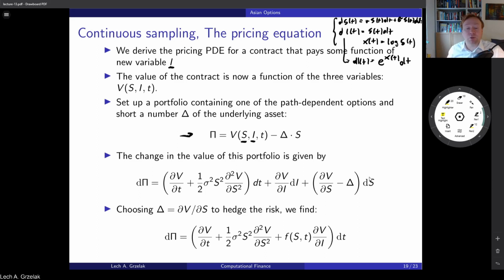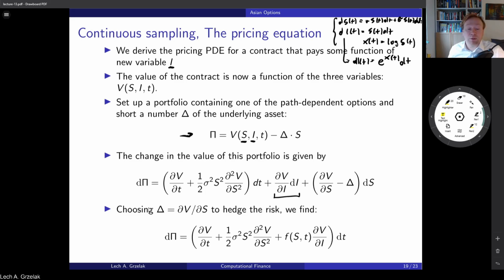Once we collect all the terms and use the information about the dynamics of S, this is what we have. You see that there is an additional term compared to the simple Black-Scholes model, and this means that we have a PDE involving two dimensions: one dimension for S and one for I.